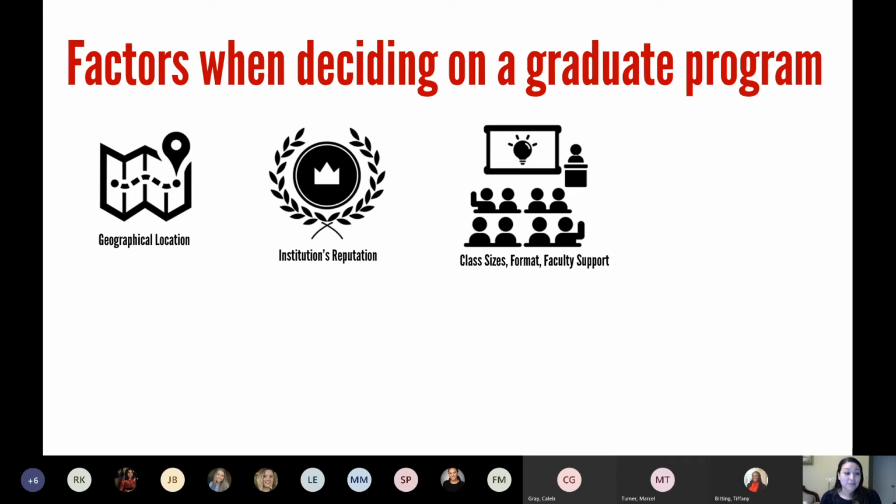So that's something that I'm looking for. Or maybe for others, it could be the exact opposite. Maybe it's, I want to pursue a program full-time and not work. And so maybe that's going to be really important for you. So again, it's very different for each of us because we all have so many different factors happening in our lives.